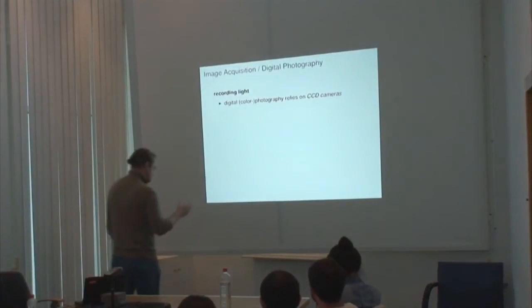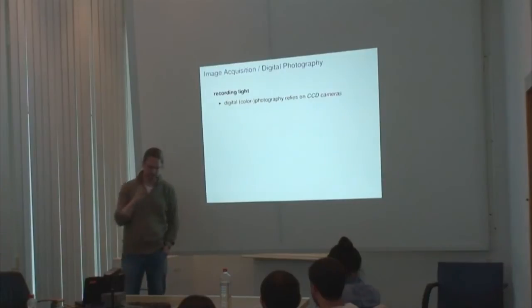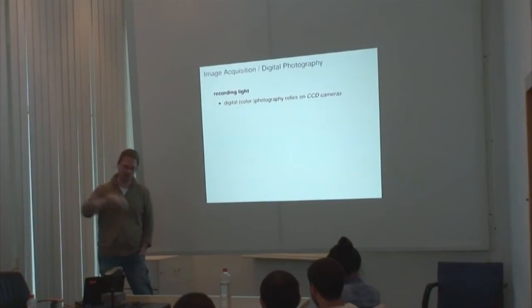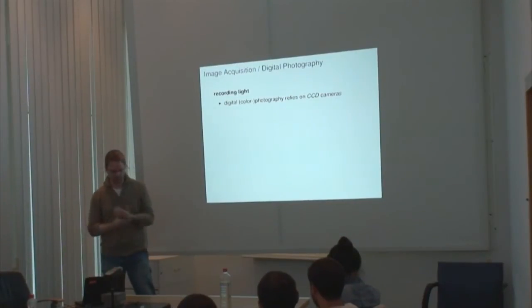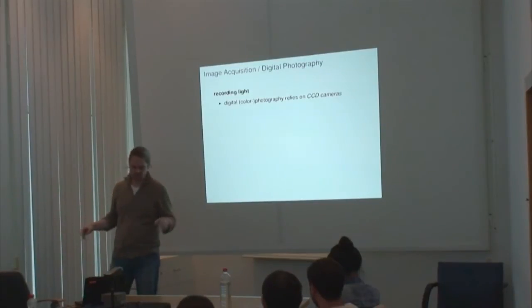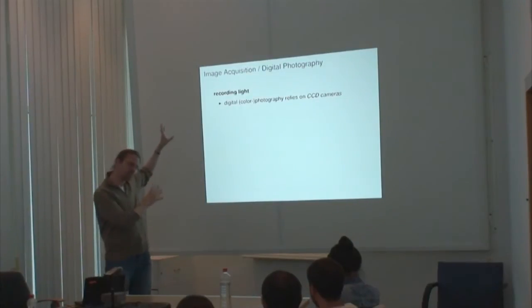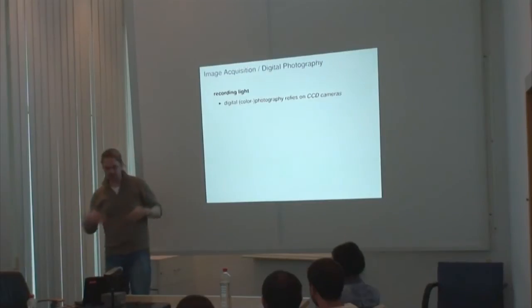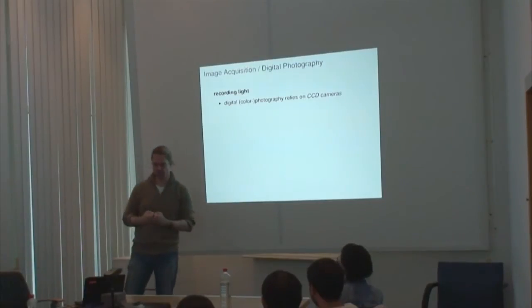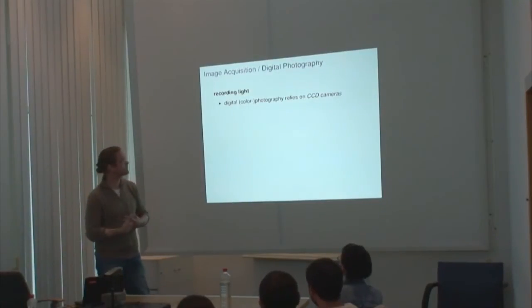Okay, so there are different ideas as to how we can visualize electromagnetic radiation, light, and how we can now record it. All the examples I've shown you, of course, have already shown that it is possible to record it, but how do we do that?